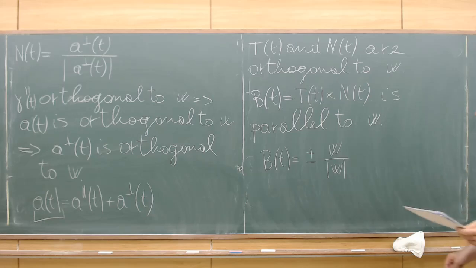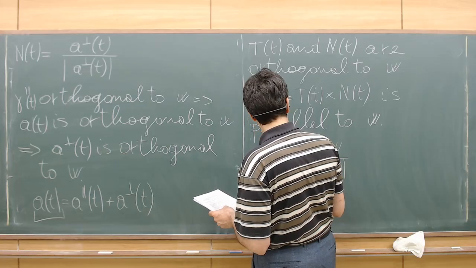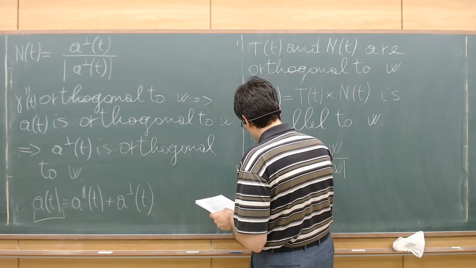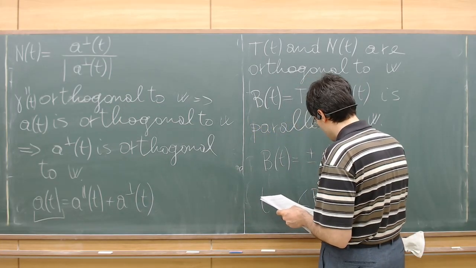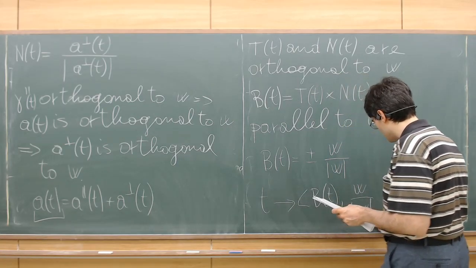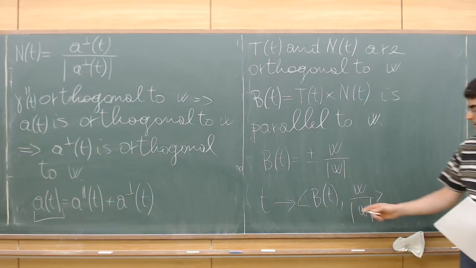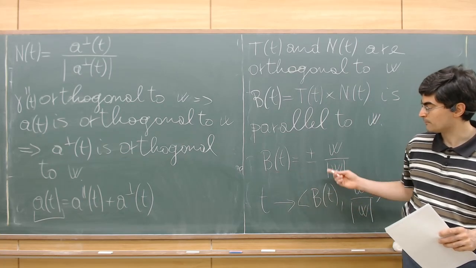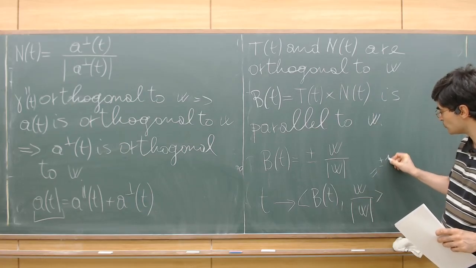And this means that if we take the function t goes to the inner product of B(t) over length of w, this must be a continuous function, but by this identity, we have that this function is equal only to plus or minus 1.